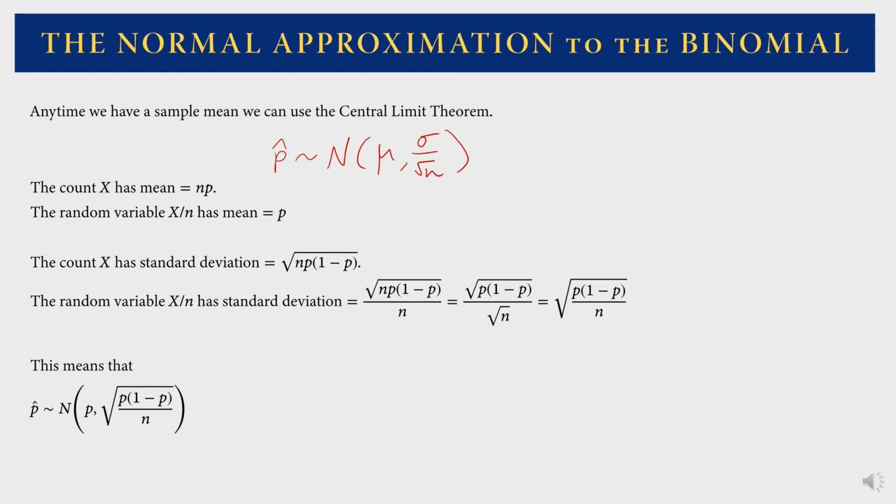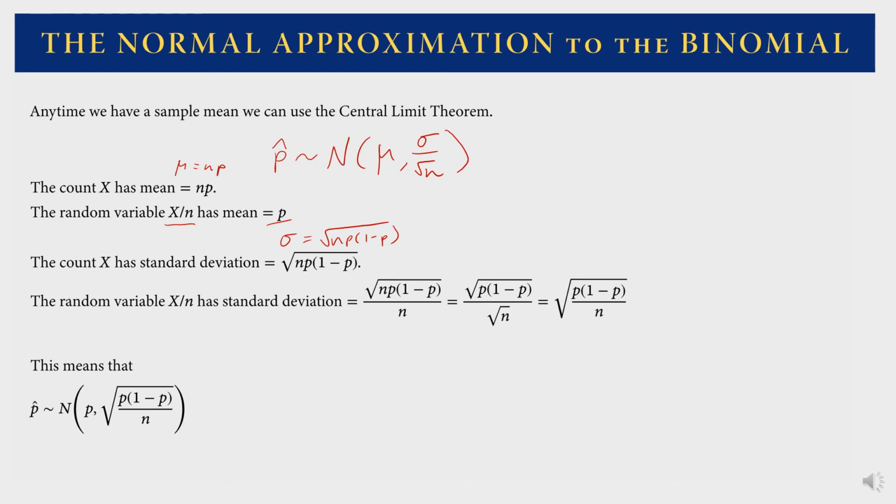Now remember earlier in the lecture I said that mu equals np and sigma equals the square root of np times 1 minus p. So these are for the counts. So if the count has mean np, then the count divided by n will have mean p.